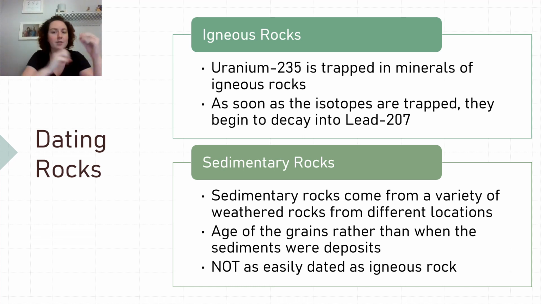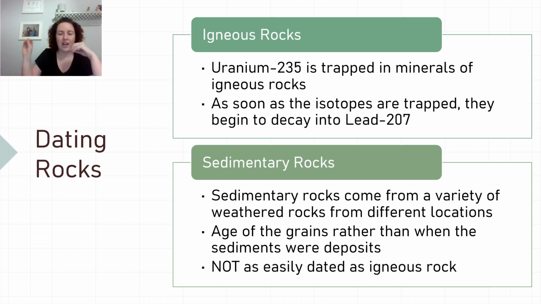Okay, remember, igneous rocks come from volcanic eruptions or really slow volcanic cooling, things like that. Sedimentary rocks are little bits and pieces of rocks that have been broken down through weathering and erosion and all that kind of fun jazz. Because sedimentary rocks come from a variety of weathered rocks from different locations and then are deposited into different areas, which then goes through compaction and cementation, you get the age of the actual grain rather than the day that it was deposited.